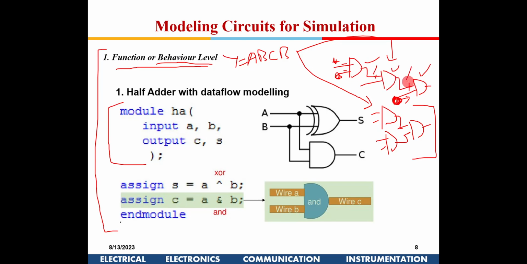We'll see these examples in our advanced VLSI course. What I mean to say is, when we give a behavioral function and ask the tool to synthesize gates, you have an option to set the goals, and accordingly it will make the circuits.